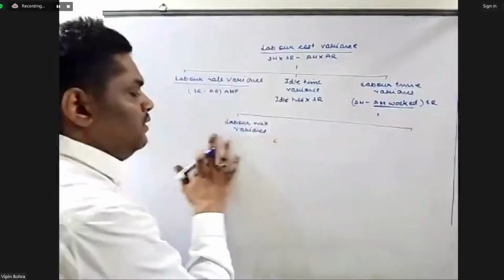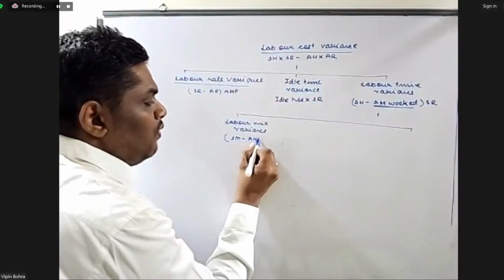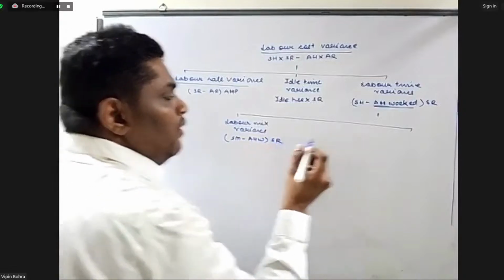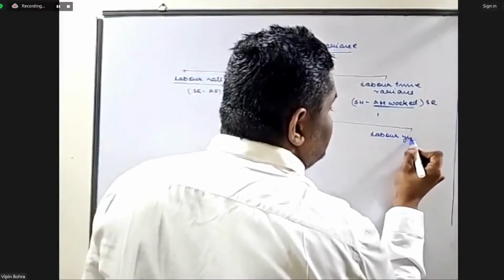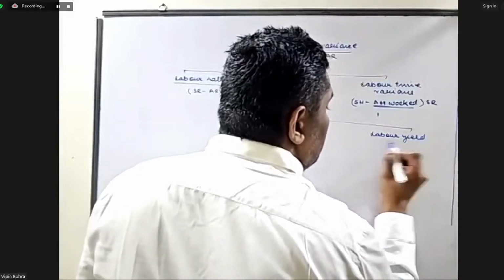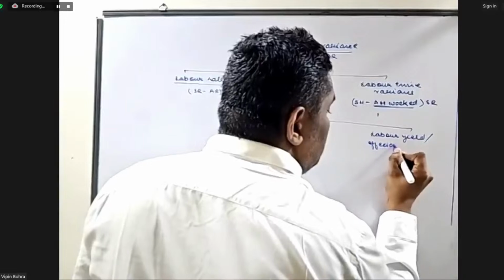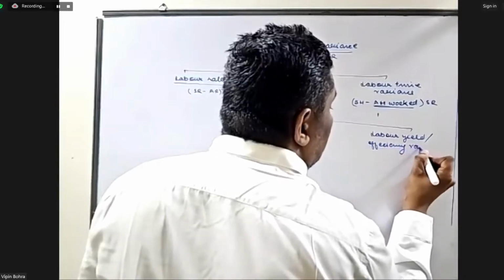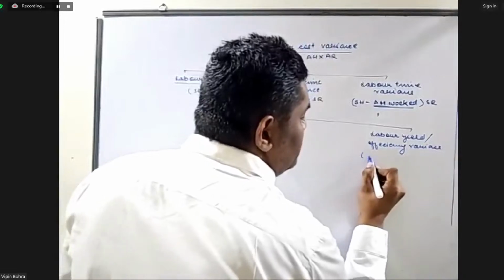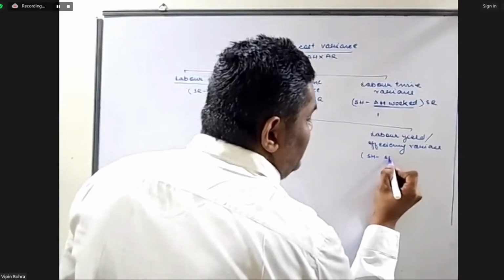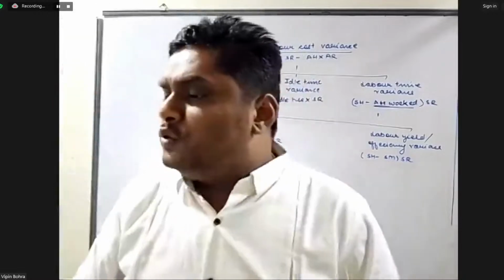Similarly, labor yield variance, or we can say efficiency variance. Again, very simple, guys: standard hours minus standard mix into standard rate.